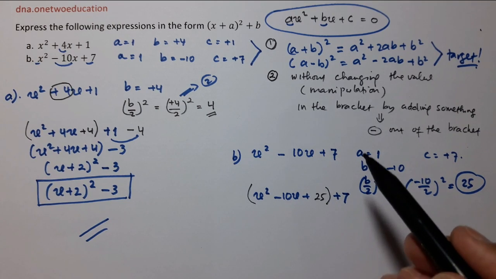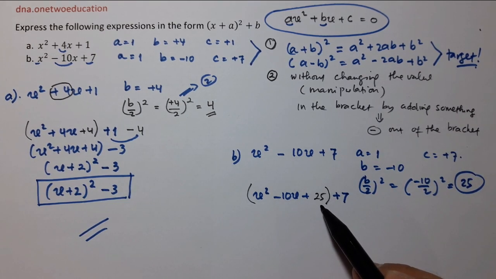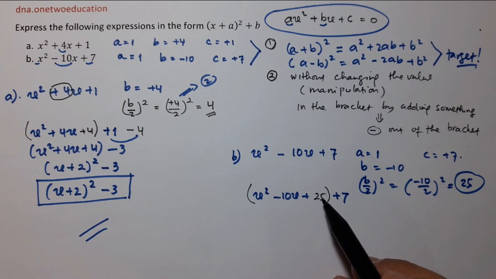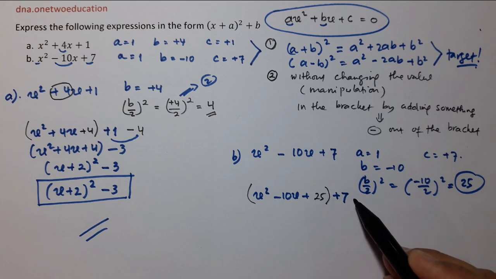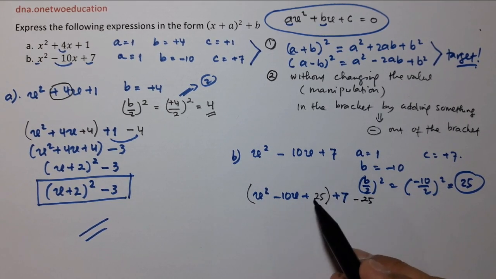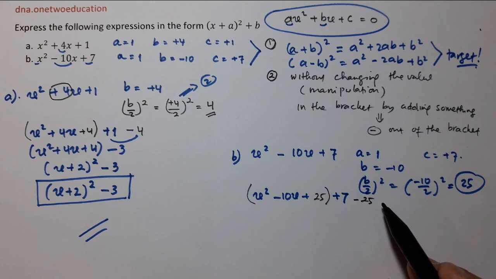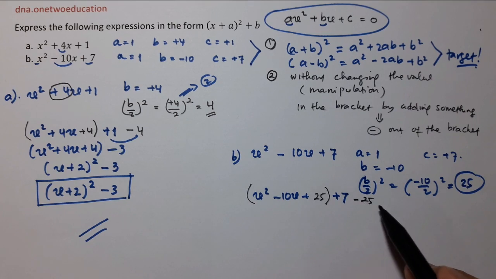The next step is without changing the value: because you add 25 in the bracket, you put minus 25 out of the bracket, so the value is constant. You just manipulate the expression. Once again, you add 25 in the bracket, and automatically you write minus 25 out of the bracket. That's the manipulation.